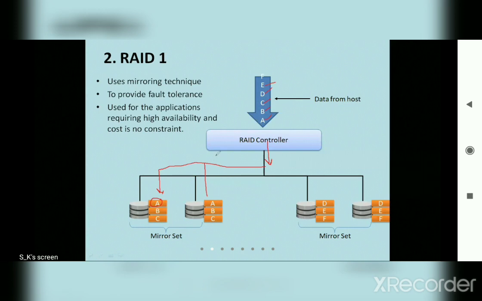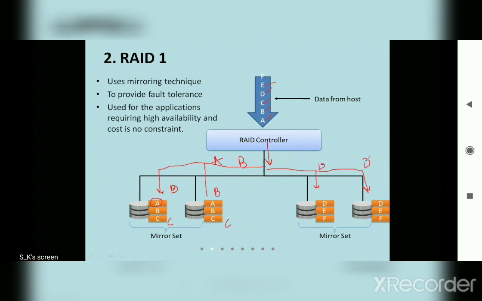The content A is copied. Then the data B is sent, and with mirroring, B and B, multiple copies will be made. Again C is there, and multiple copies of C will be made. Next D, E and F. Once the data is transferred, you can see that multiple copies will be fed. So D and here also D.